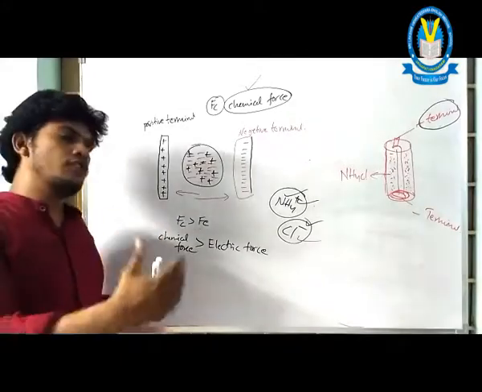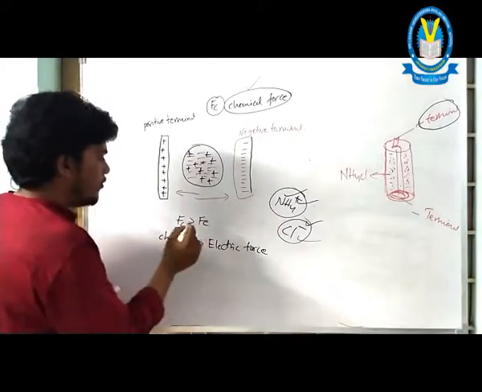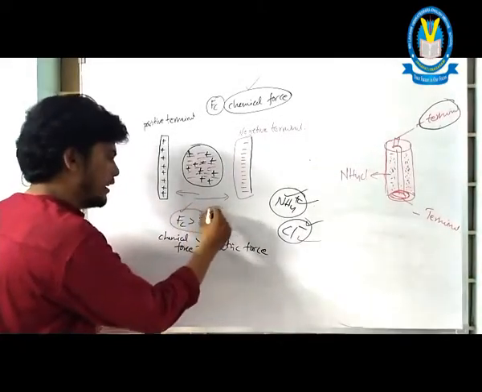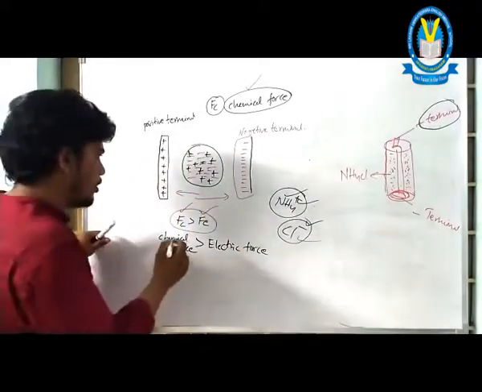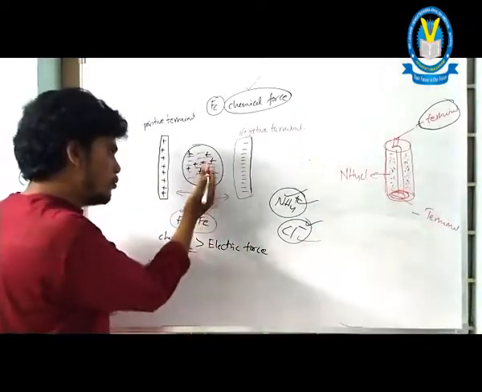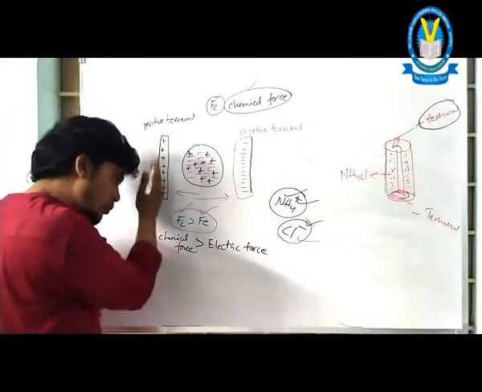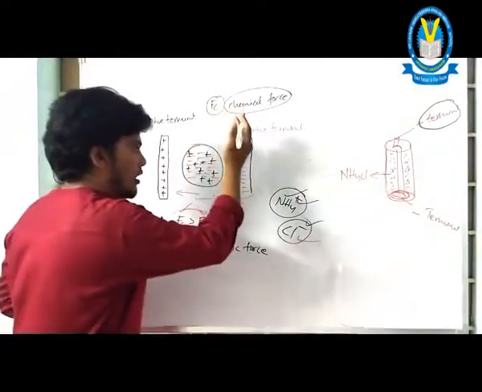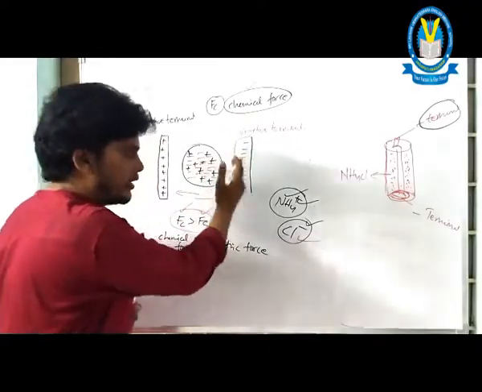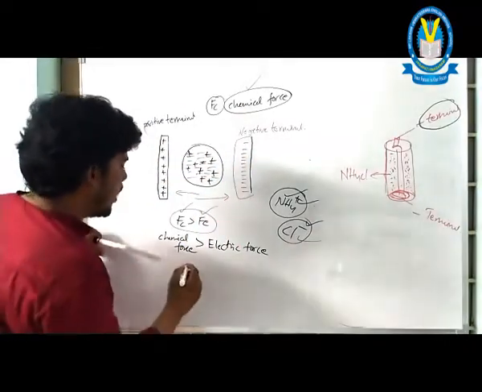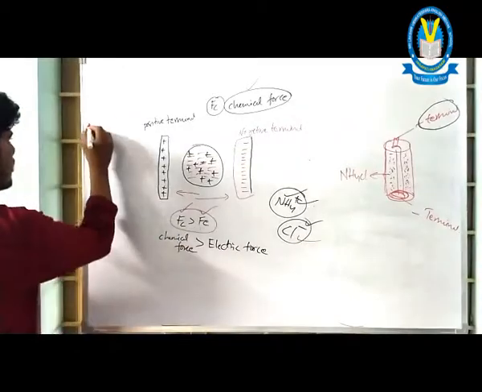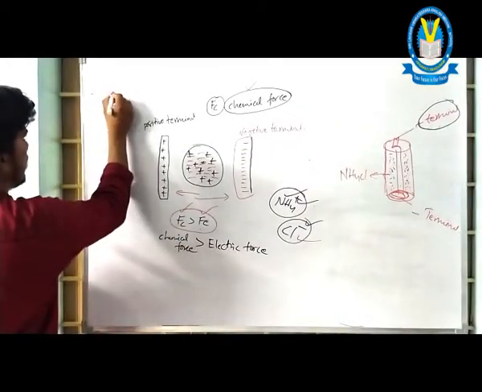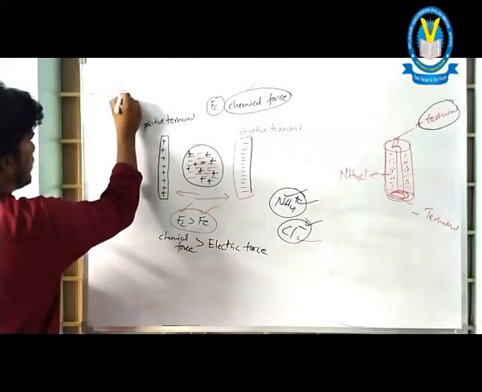This process continuously takes place until the strength of the chemical force and the electric force becomes equal. The movement of the positive charges to this side and the movement of the negative charges to accumulate here will continue until the chemical force Fc becomes equal to the electric force.